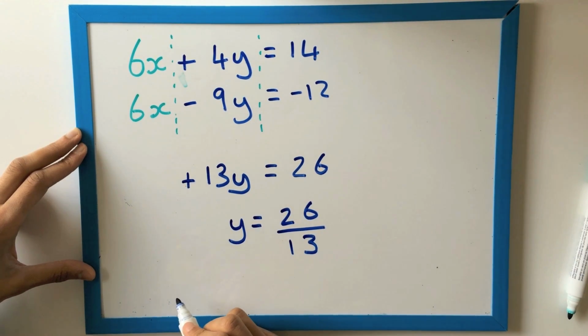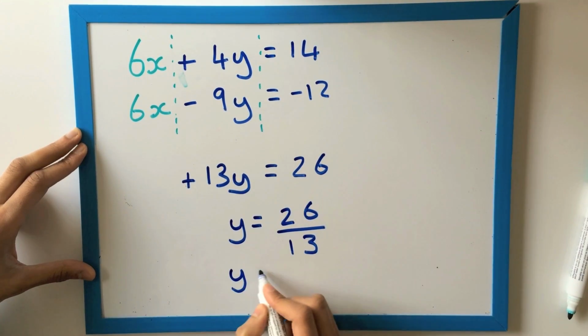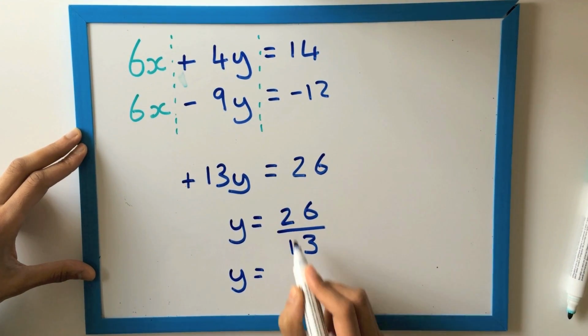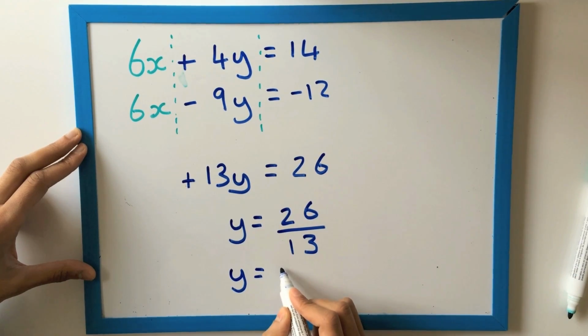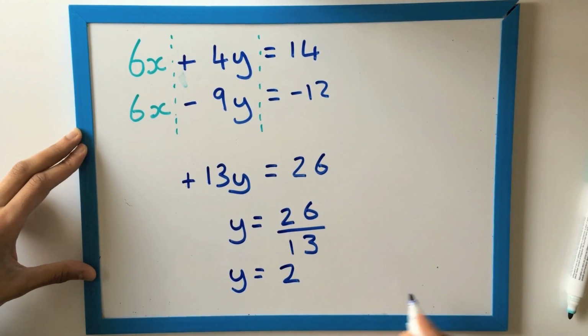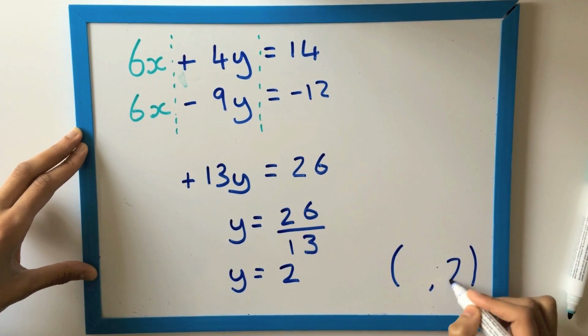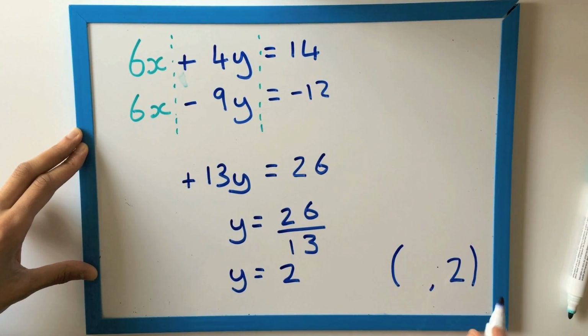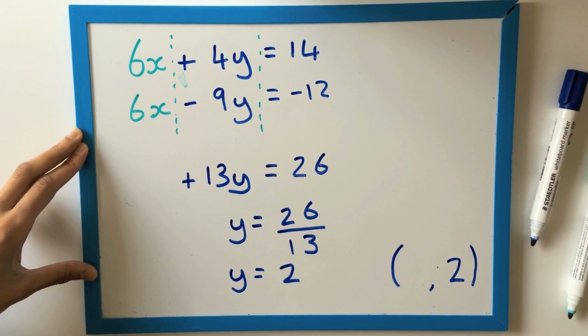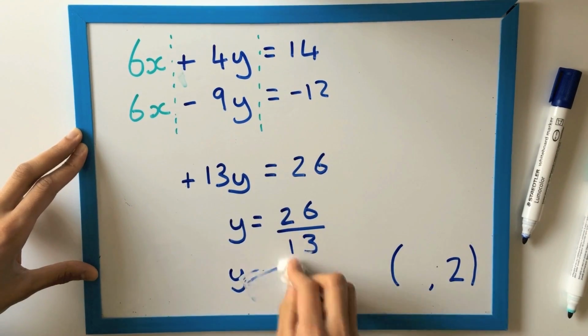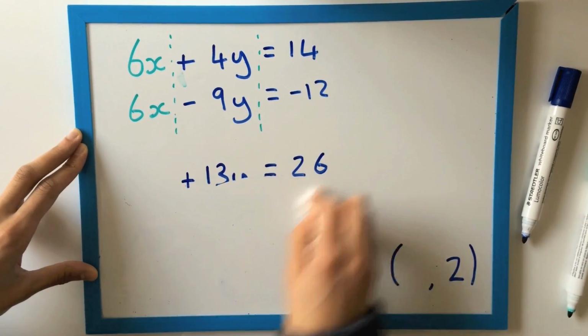So our solution for y is simply y is equal to 26 over 13, which is equal to 2. So writing this down in coordinate terms, we simply have 2. Note that this is the y point of the intersection of the two lines.